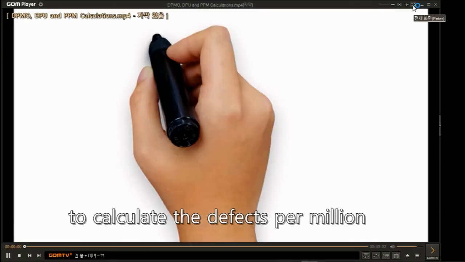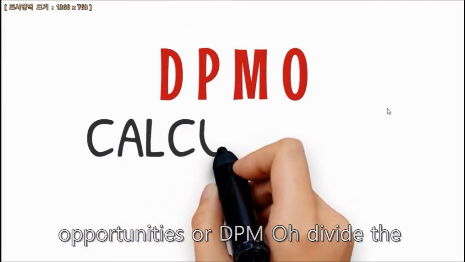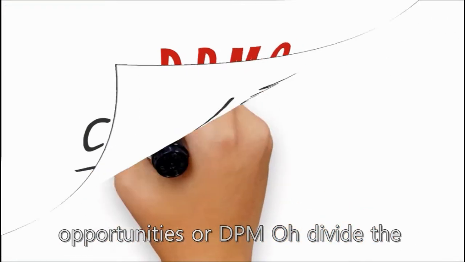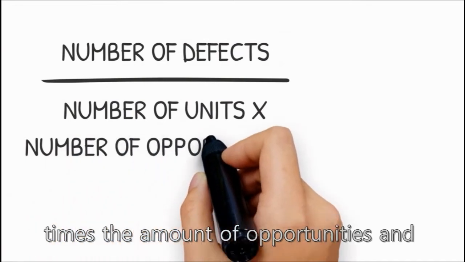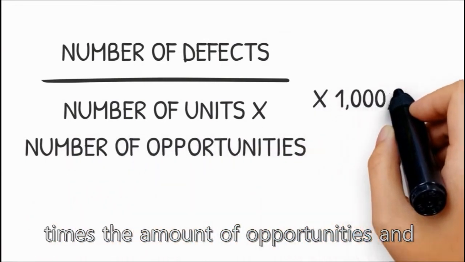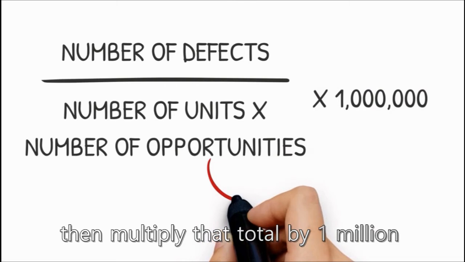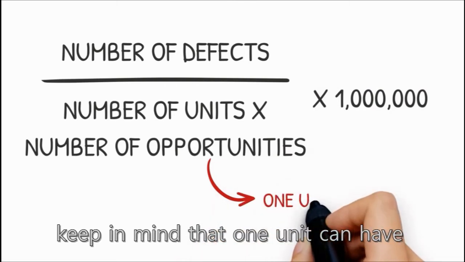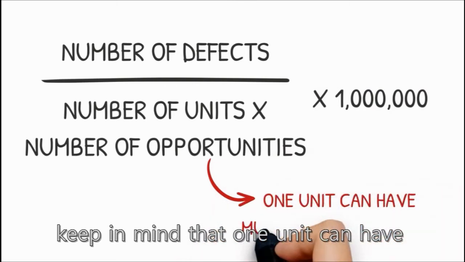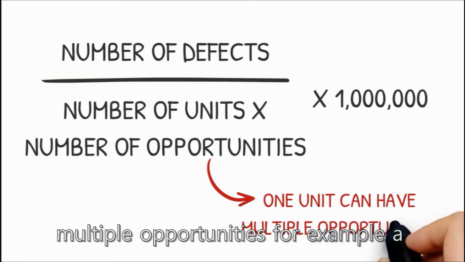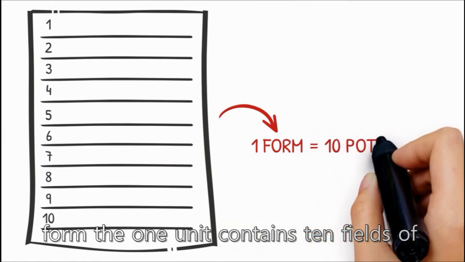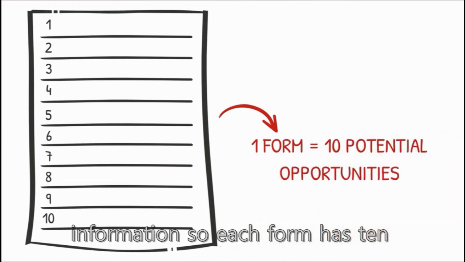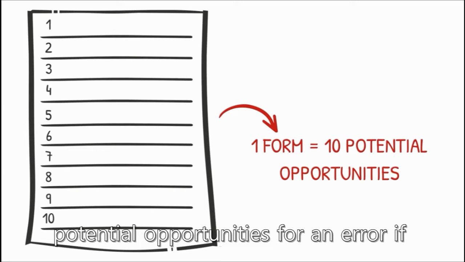To calculate the defects per million opportunities, or DPMO, divide the number of defects by the amount of units times the amount of opportunities, and then multiply that total by 1 million. Keep in mind that one unit can have multiple opportunities. For example, a form, the one unit, contains 10 fields of information. So each form has 10 potential opportunities for an error.